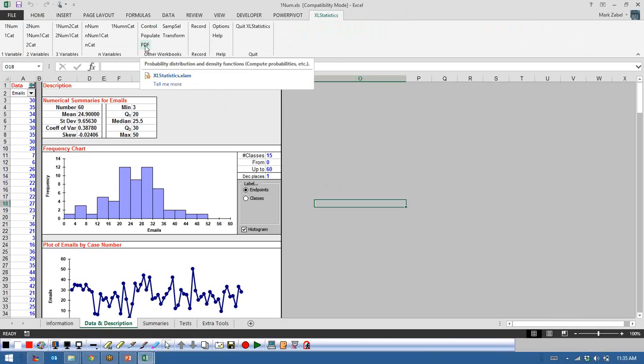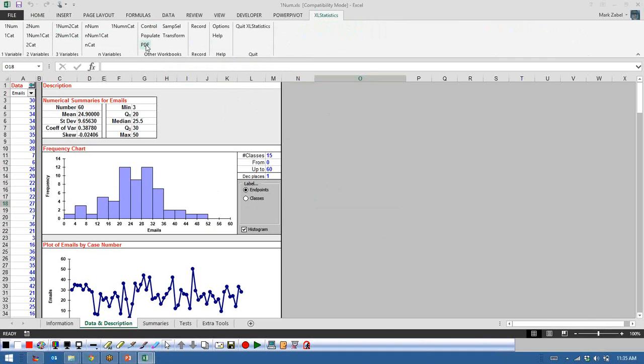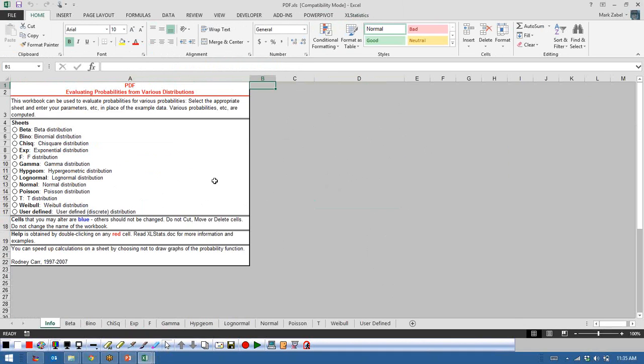And it kind of works just like the control chart did before. Remember, the control chart needed a little more love: you select the data and then you click on the function. The PDF doesn't need quite that much love to make it work, but it does open up separately, so you don't have to pick any data.